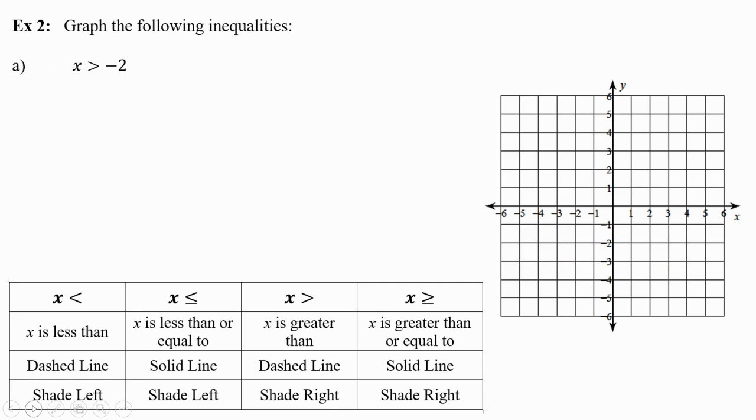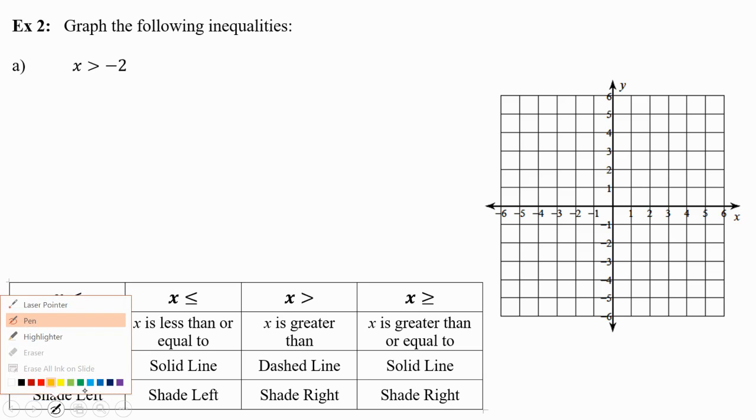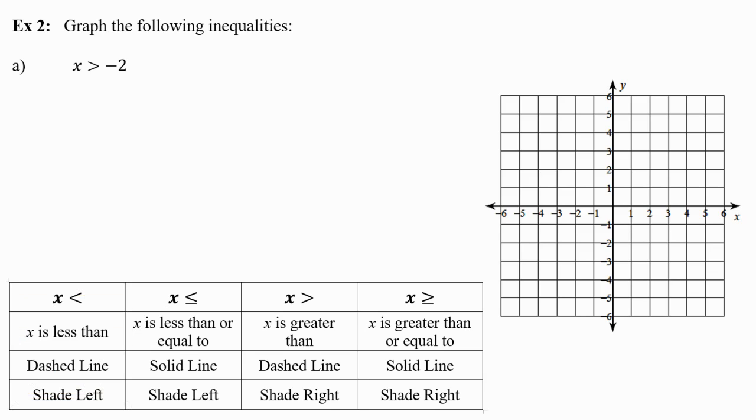All right, example 2. A, graph the following inequalities. Now it's a little bit different. These are not in y equals mx plus b format. These are just x and some constant. So hopefully we remember that tells us that what we have are vertical lines. And it looks like we have this scenario.